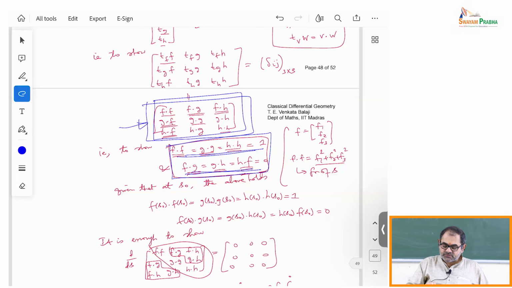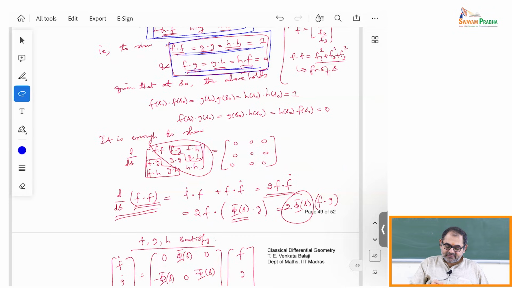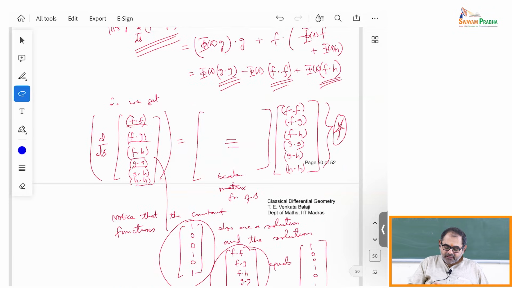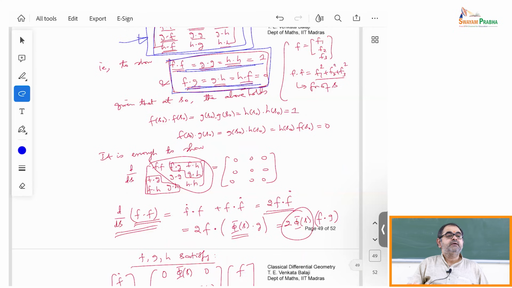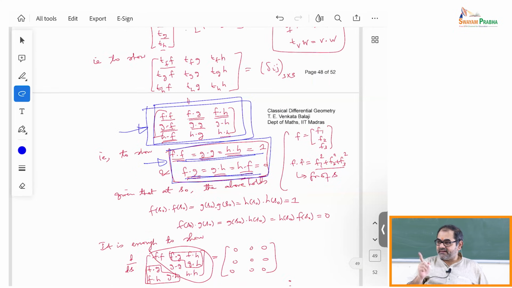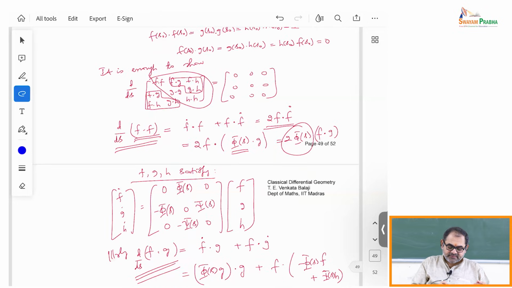And what we did was we interpreted this as follows. If you want all these 6 dot products to be constants, you have to show that their derivatives are all 0. And that we interpreted as a differential equation like this.